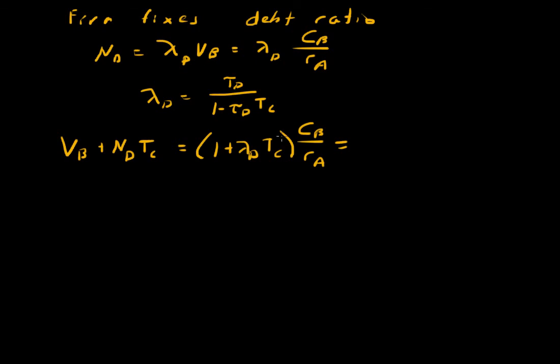So here we have the value of the new asset, right? If we factor or multiply this out, then this term is capturing what we had above here. And again, we could do the replacement for lambda, and we have 1 plus tau d over 1 minus tau d, times the tax rate. So I'm just doing the replacement for lambda.